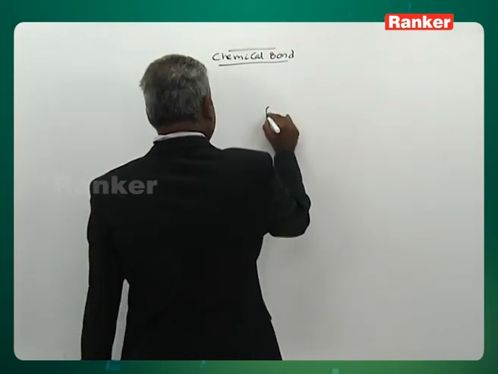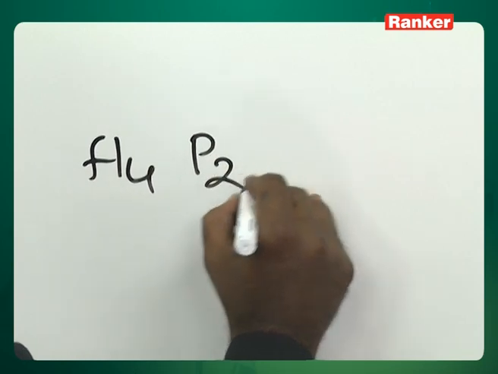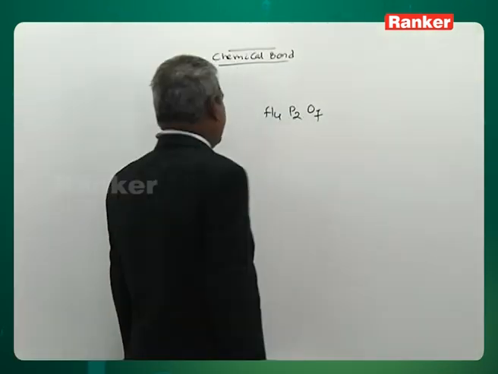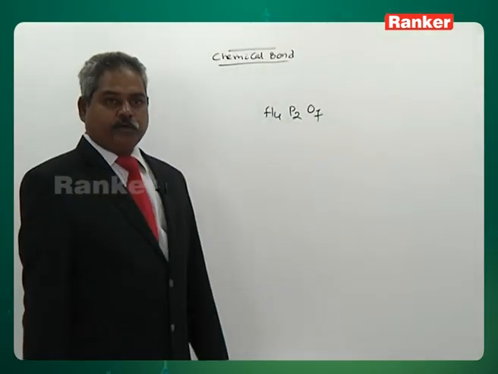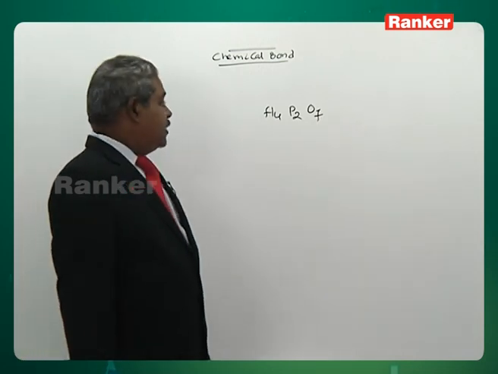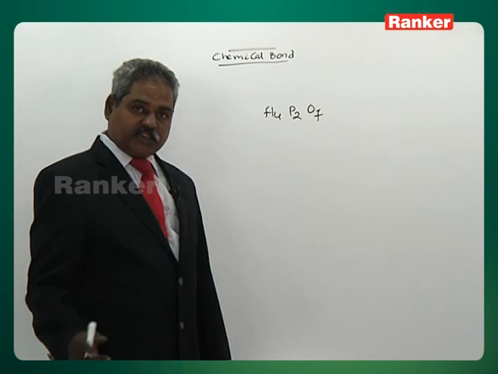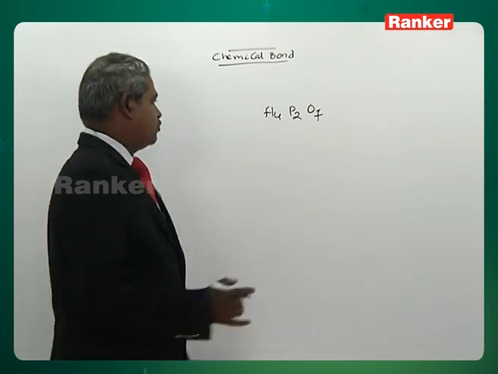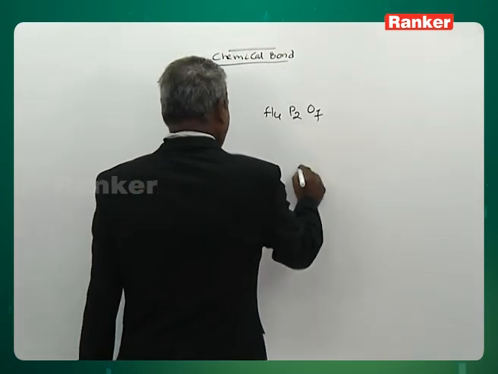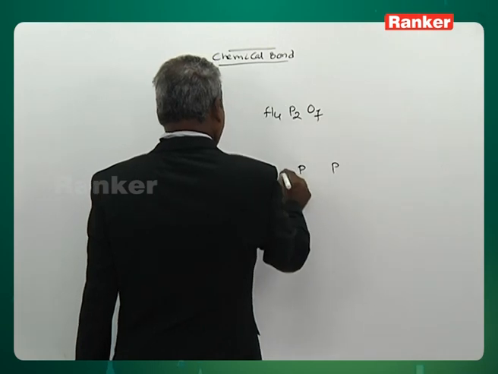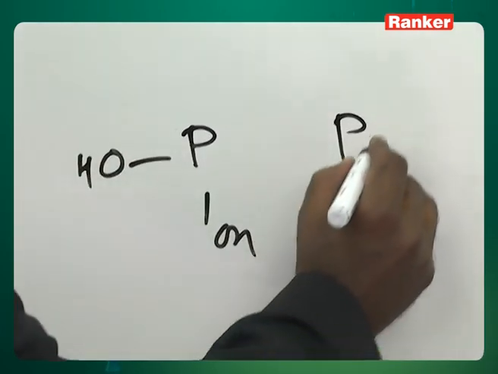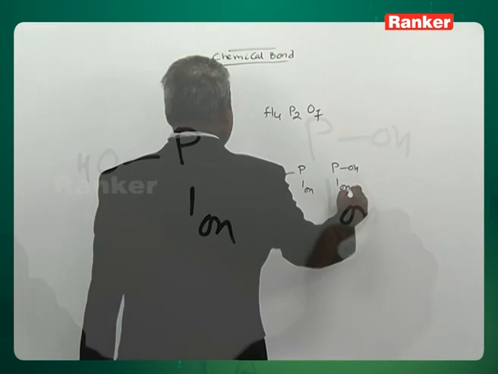Now, H4P2O7, do you have a peroxy bond in this? In the previous part, we even discussed how to draw the structure. I taught you 2 phosphorus atoms, 4 OH groups. How do you know the number of OH groups?